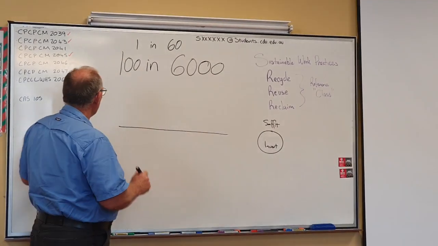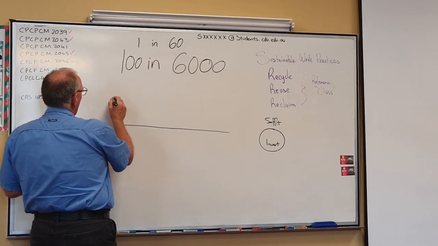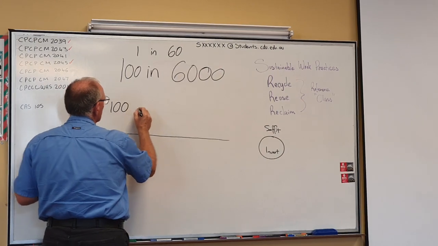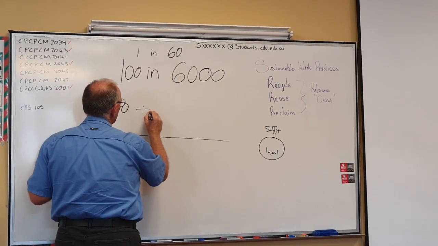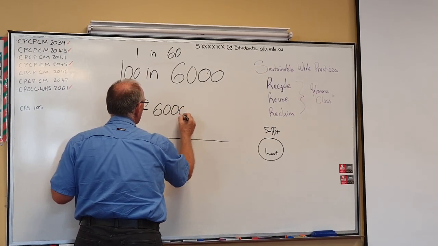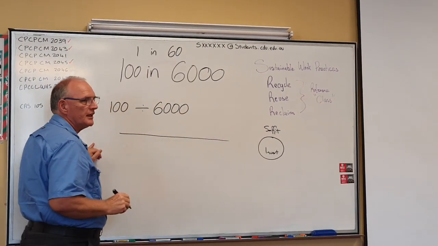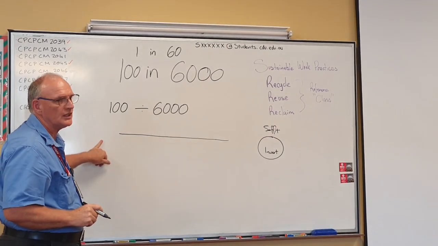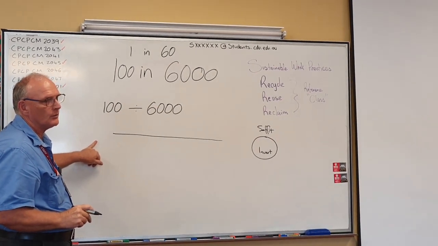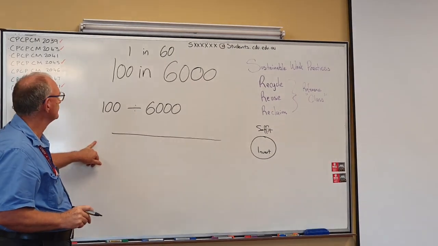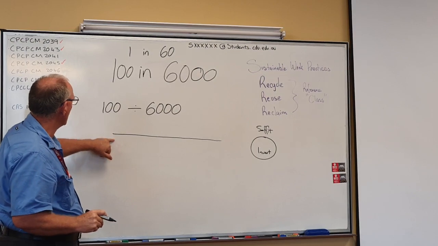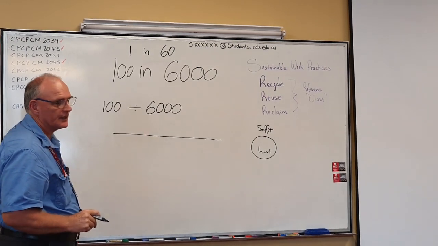Now the way to work this out is we divide the small number, the 100mm, by 6,000. Now this will give us exactly how many millimetres per metre that we need. So just go 100 divided by 6,000.